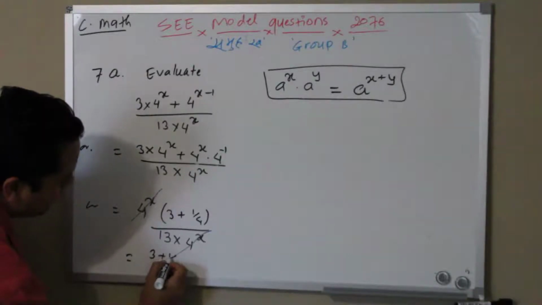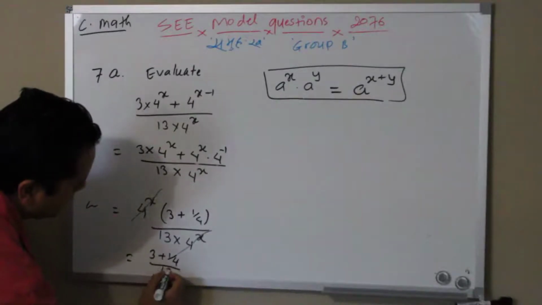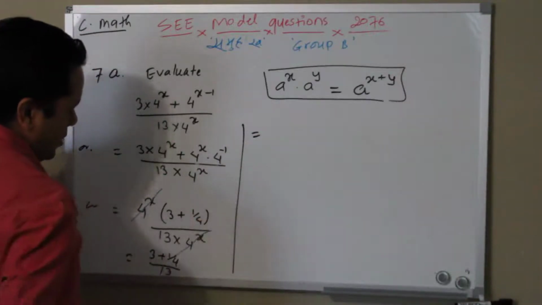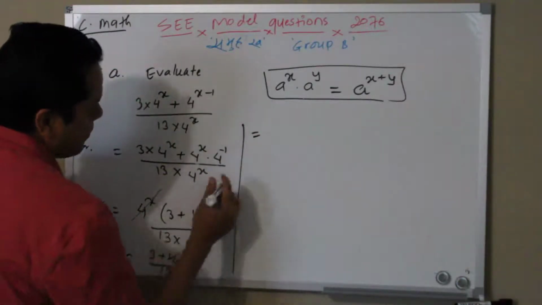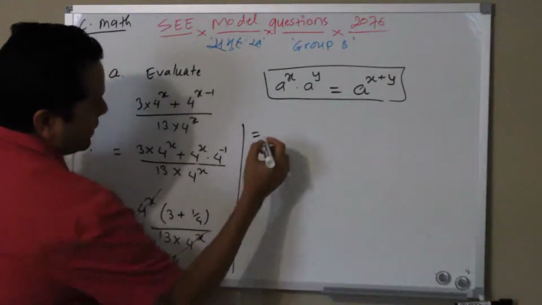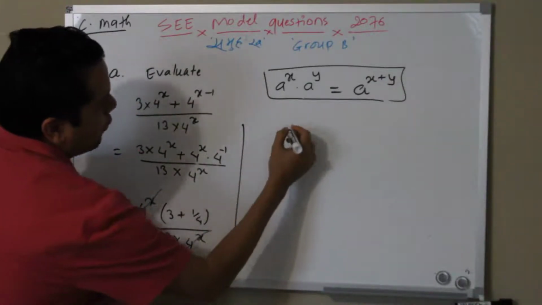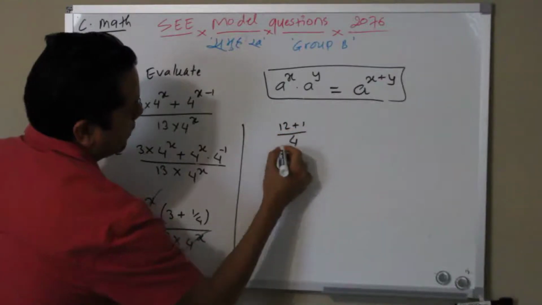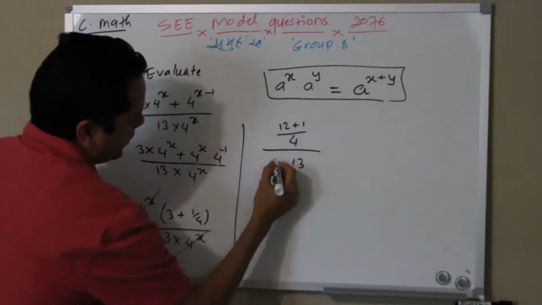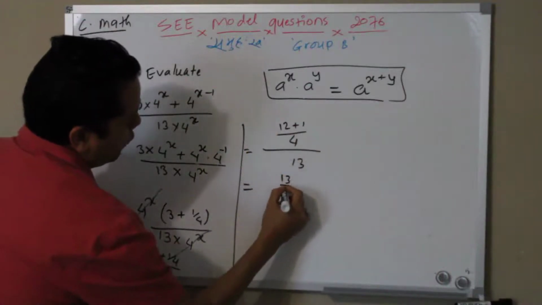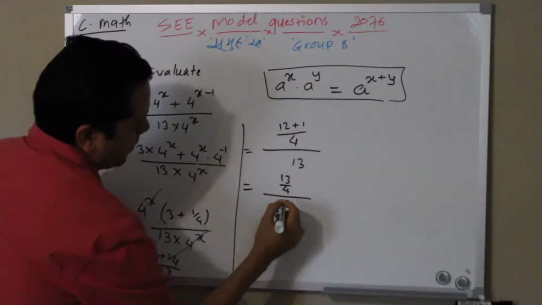3 plus 1/4 over 13, which is nothing more than, you can take out the common now, you can take the LCM in the upper term, so 4, which is 12 plus 1 over 4, over 13. So now 12 plus 1 is 13 over 4 over 13.